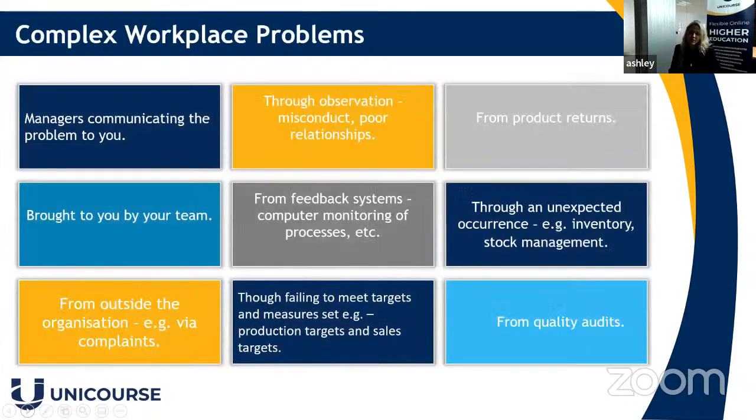So in the first question within Unit 516, and basically when looking at any sort of problem, you can consider it from a couple of different directions. You can look at it from what the managers are communicating to you. You can look at it from any sort of customer relationship management systems, from feedback systems, monitoring techniques. You might even be able to find those problems from artificial intelligence or Google Analytics, or from product returns and the feedback that you're getting in relation to those product returns.